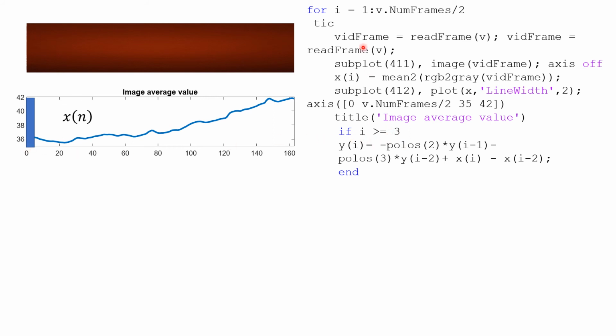The counter is i, so I'm just waiting for that before I start filtering the current output, depending on the previous 2. And notice that these vectors correspond to the coefficients of the difference expression and x of i minus 2. So that's all the filtering, and I will do it all along that signal x.